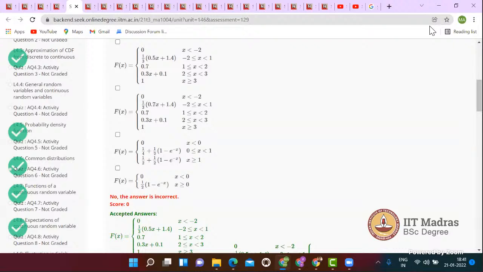I'm not able to come up with any function that is valid as a PDF and not valid as a CDF. In the properties of a PDF, all the properties of CDFs are present. Yeah, fine, correct.